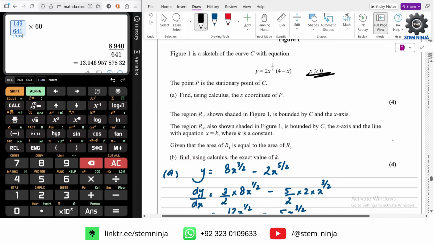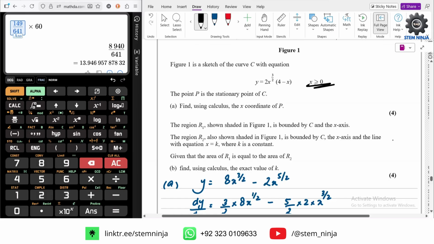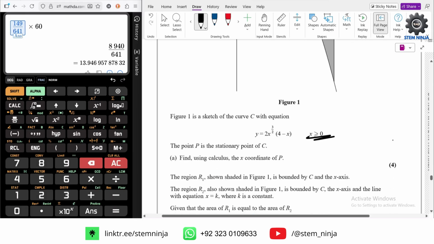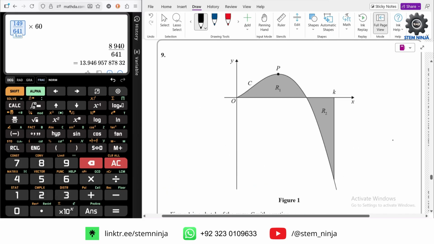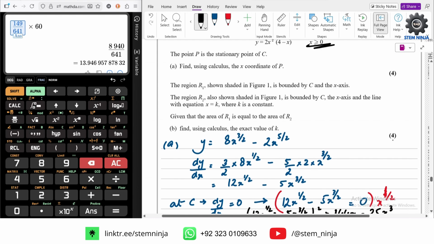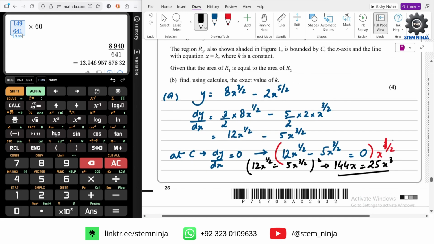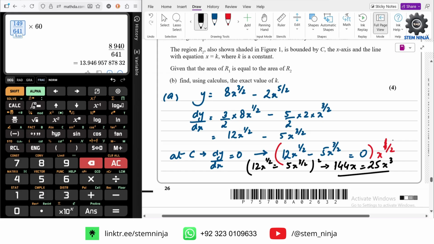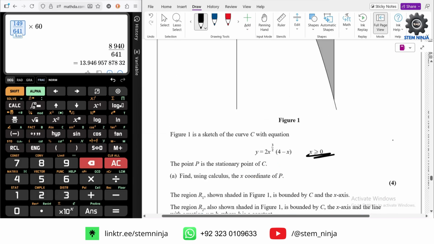The region R1 shown shaded in Figure 1 is bounded by the curve and the x-axis. The region R2, also shaded, is bounded by the curve, the x-axis and the line with equation x equal to k. Given that the area of R1 is equal to the area of R2, find using calculus the exact value of k.